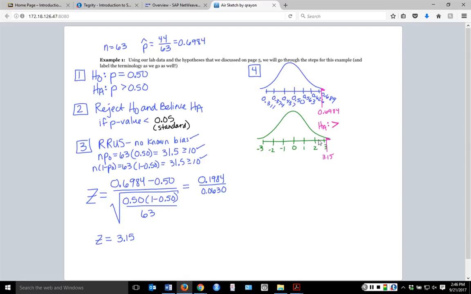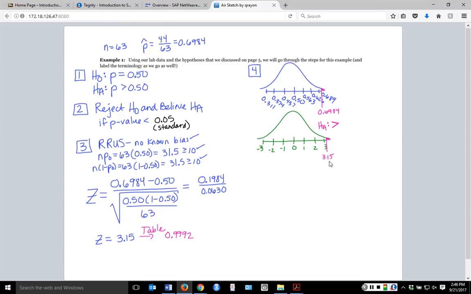So I'm going to go to my table. I'm going to look up that 3.15 in the table. And I look that value up in the table, and let's see what we find. We find 0.9992.